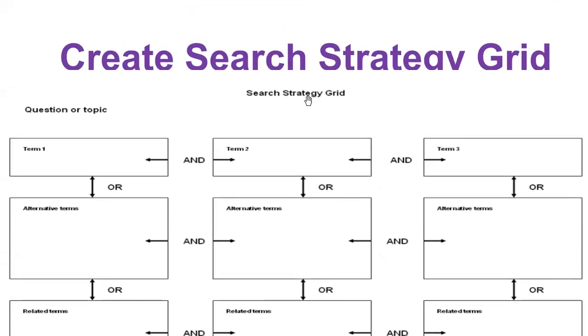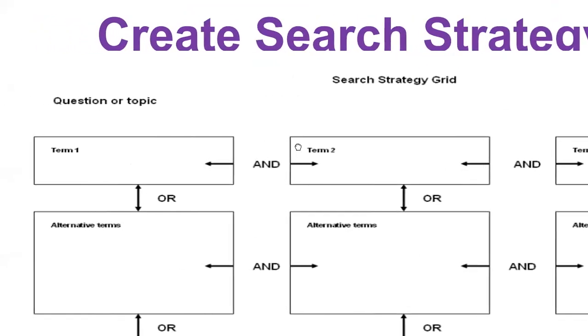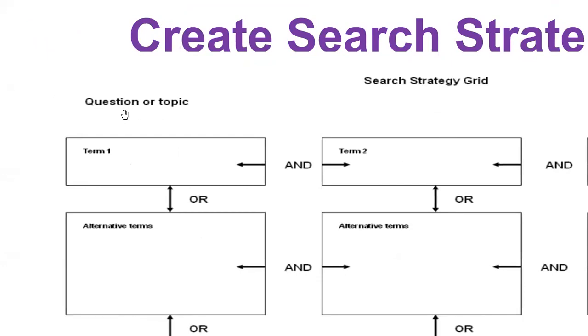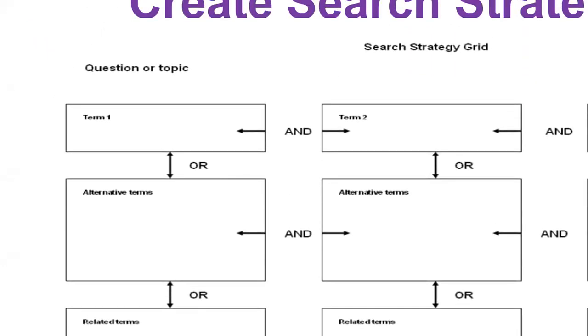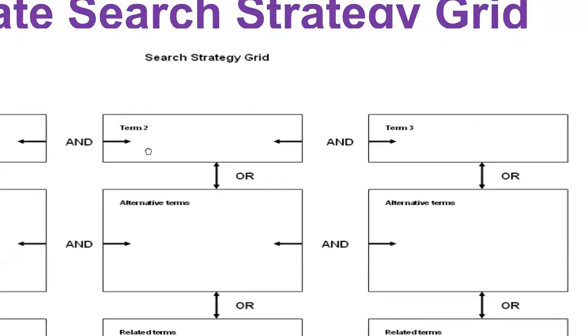So you'll have to have a search strategy grid, in which case you have a question or topic. If you have several research questions, let's say 3 research questions, each research question will have its own grid that is being developed.